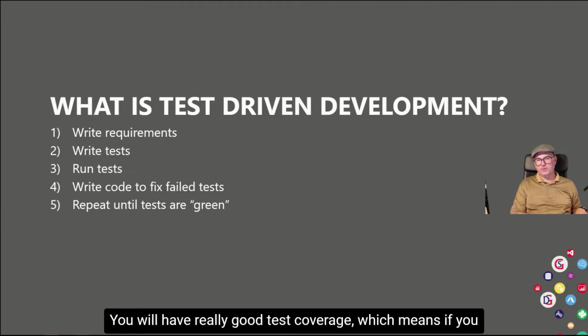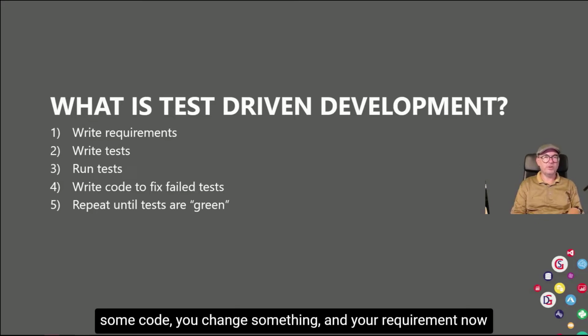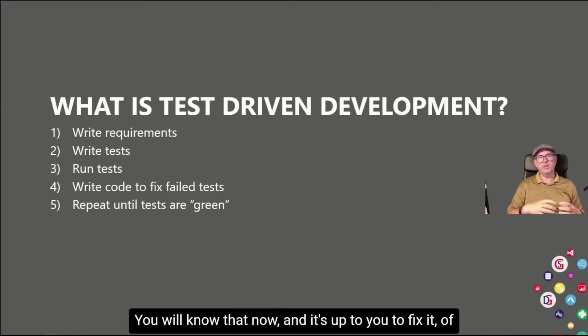You will have really good test coverage, which means if you go into the most complex function of the system and you write some code, you change something, and your requirement now works, but something else breaks, you will know that now, and it's up to you to fix it, of course.